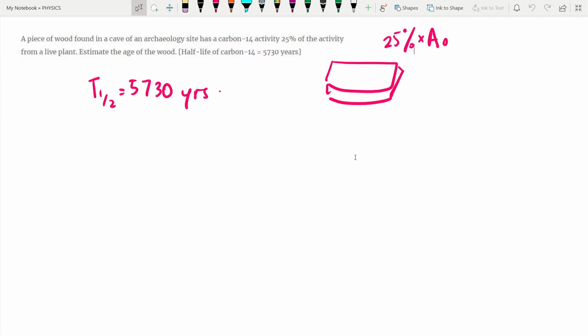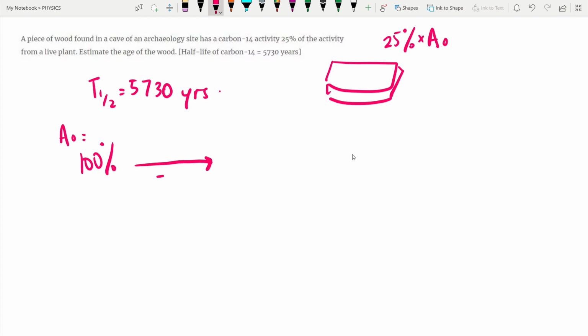Alright, so apa yang kita kena tahu? Okay, 25% tu maksudnya apa original dia? Alright, so original of 25%, when they give you percentage, alright, you have to know the original value. Tak susah pun. Kalau dia bagi percentage, original value, of course, confirm 100%. Okay, this is the original A0. Okay, A0 is 100%.